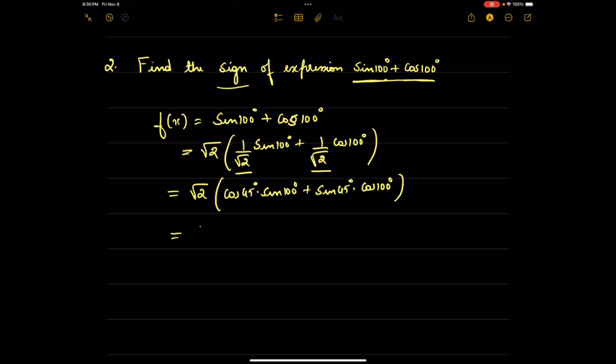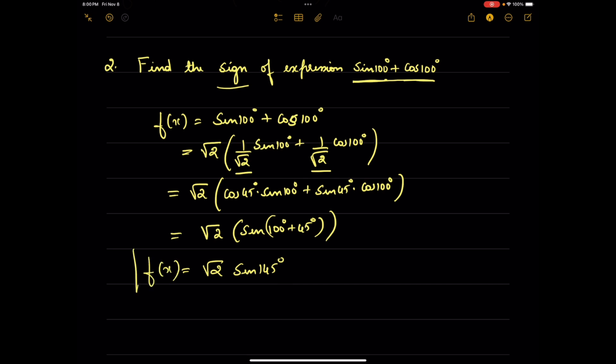So this will be nothing but square root of 2 times sine of a plus b, which is 100 plus 45 degrees. So this will be square root of 2 times sine 145 degrees.